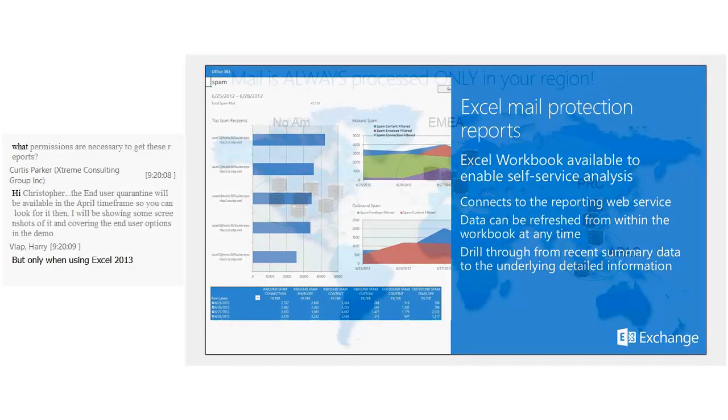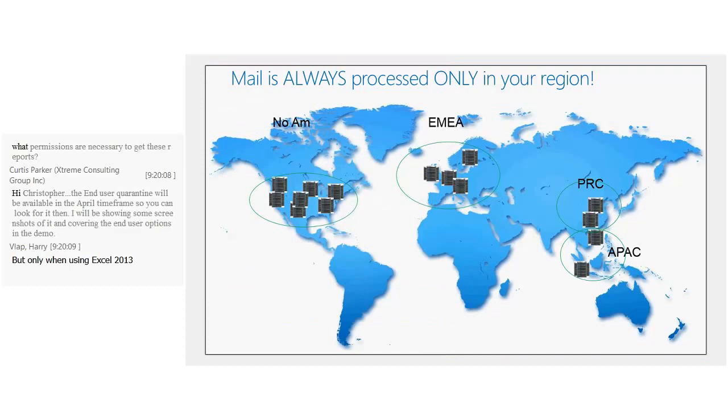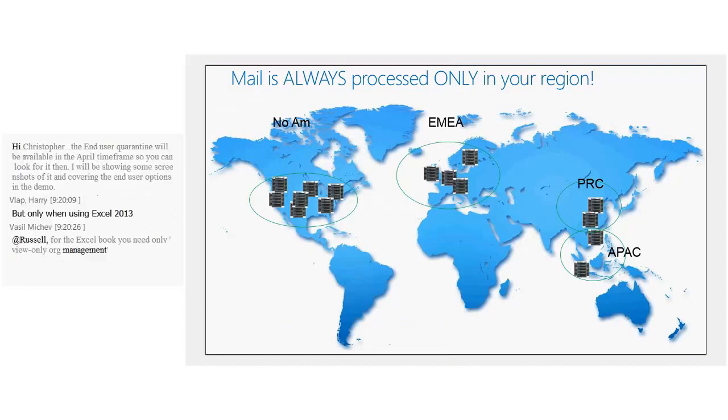One more thing that I wanted to cover before I pass the baton to Curtis, so that he can take you through the demo, is one of the things that we like to call out for the EOP is that we have data centers across the globe. So we have the data centers in North America, the EMEA region, the China and APAC region as well. So if you have a mail that's been routed through that particular region, it will only go through that region.